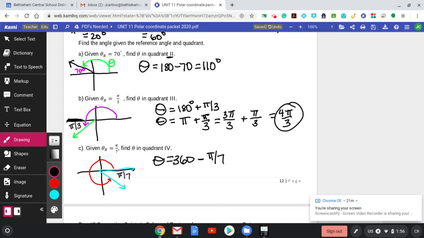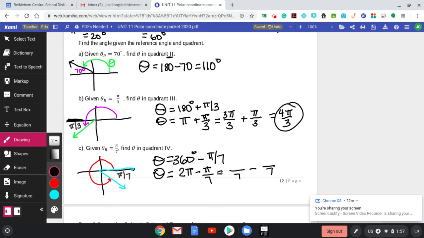All right, again, that doesn't make any sense because 360 is in degrees, pi over 7 is in radians. So 360, as we know from this unit, is 2 pi minus pi over 7. All right, just get common denominators, right? 7.